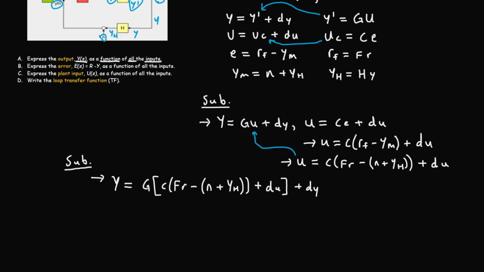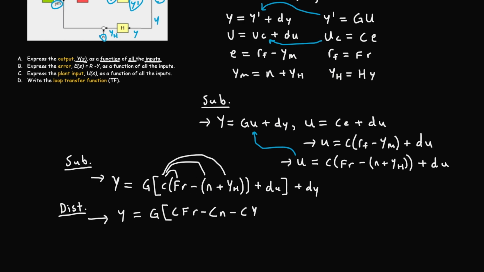So this is our new expression of Y. And now as you can see, we can go ahead and distribute this out. So this will be Y equals G times C times FR, right? Since we're multiplying out this C. So then this is minus C times N, and then minus C times YH.